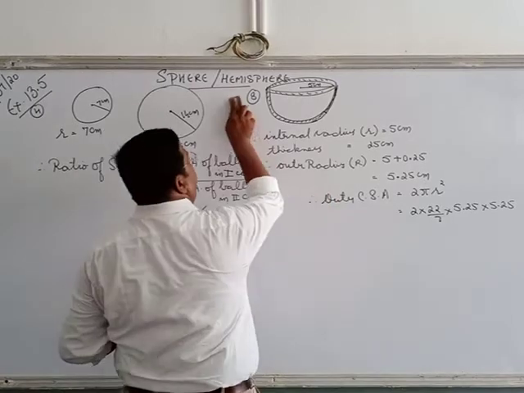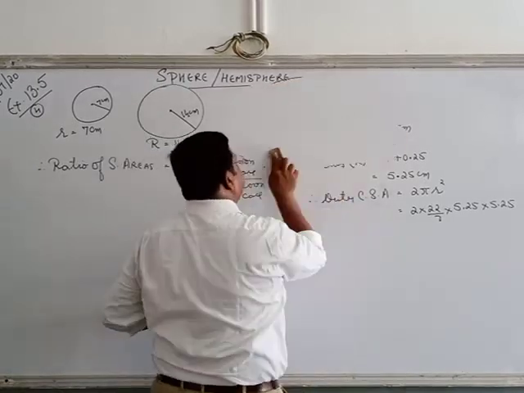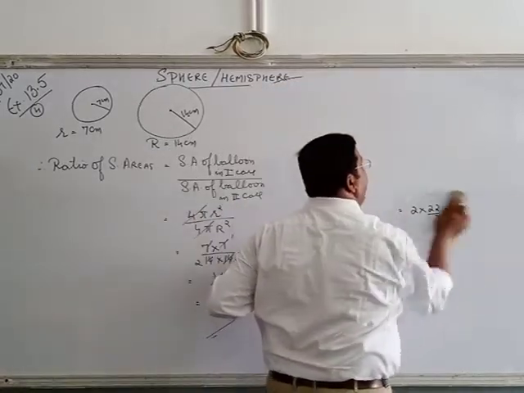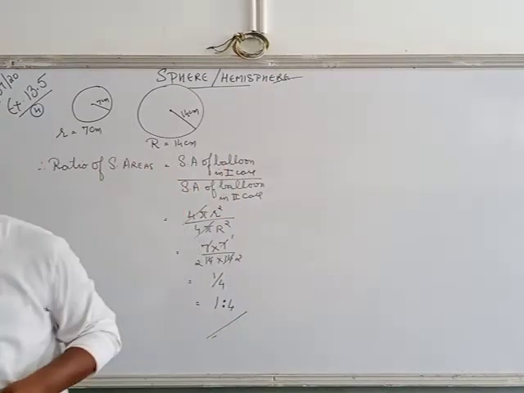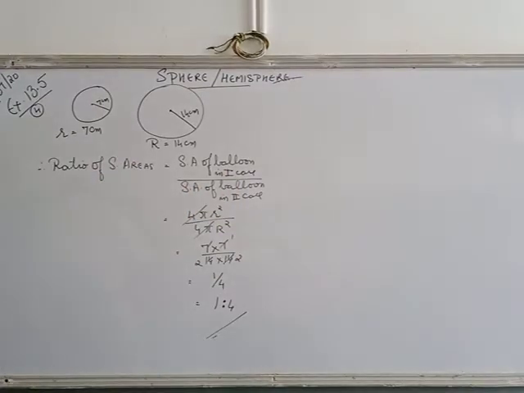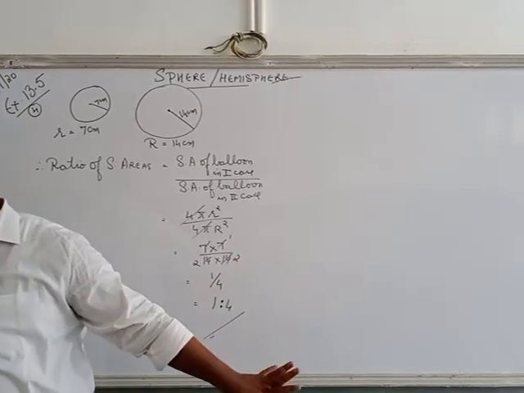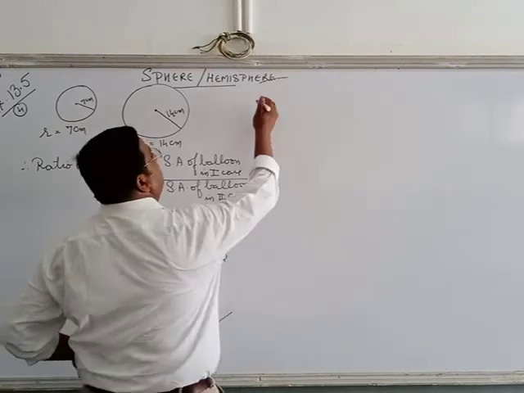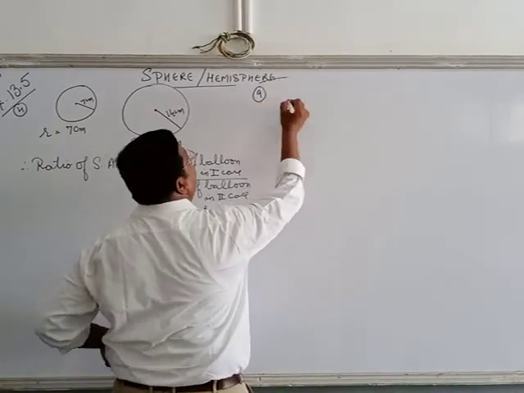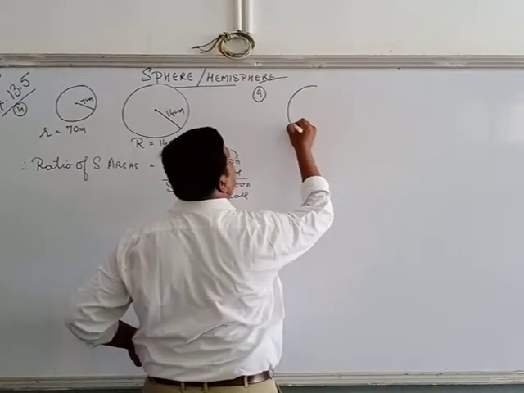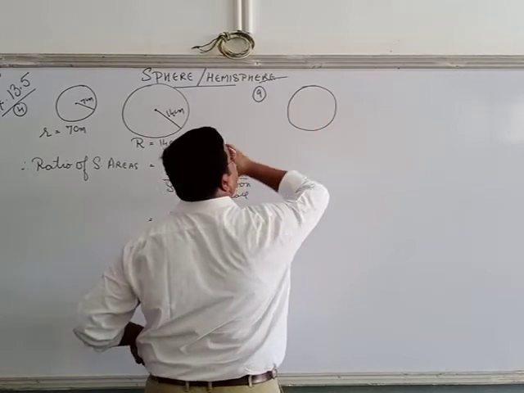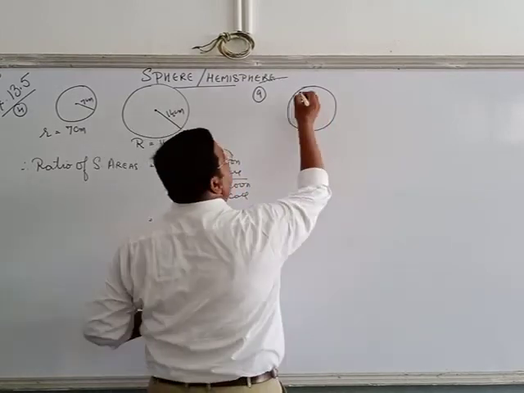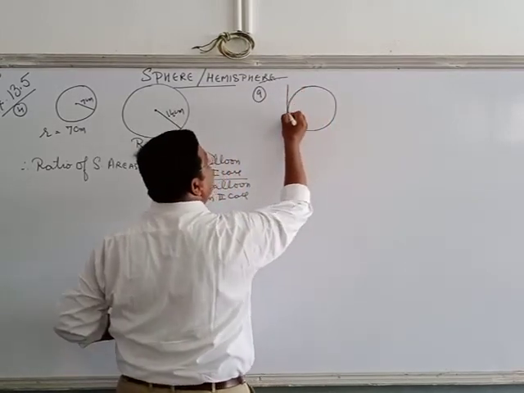Check that question. He says a right circular cylinder just encloses a sphere of radius r. This is a sphere, and there is a cylinder that is enclosing it.